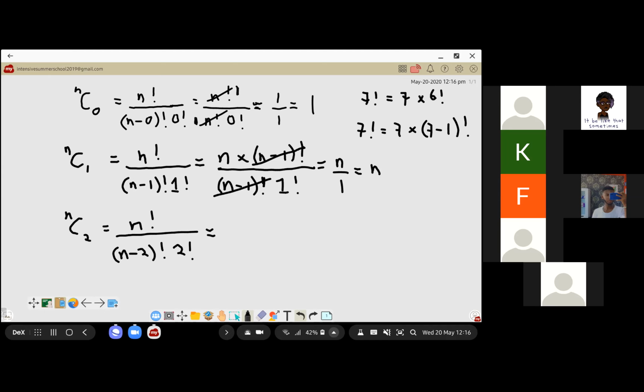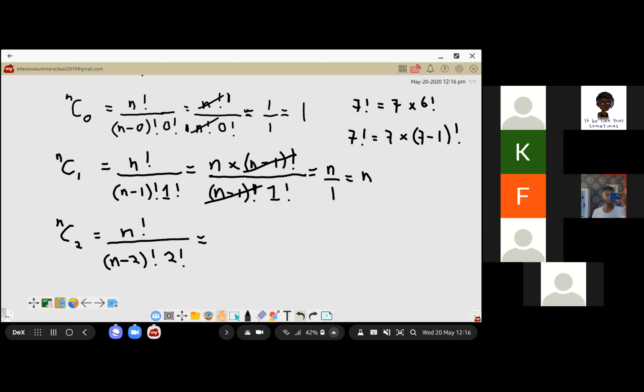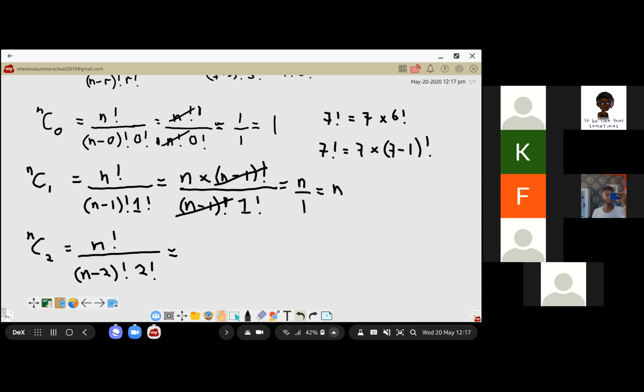Yes. Now, do you believe that 7 factorial can also be 6 factorial can also be written as what? It can be 7 times 6 times 5 factorial. Right? Yes. Okay, so the n, can we also write the n so that we can include n minus 2 factorial?